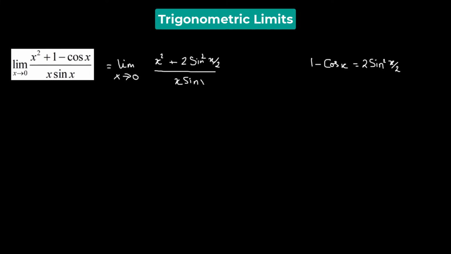Now what we're going to do is divide the numerator and the denominator by x squared. So that will give us 1 plus 2 times sine squared x over 2 divided by x squared, whole divided by, so x sine x over x squared is going to give us sine x over x.